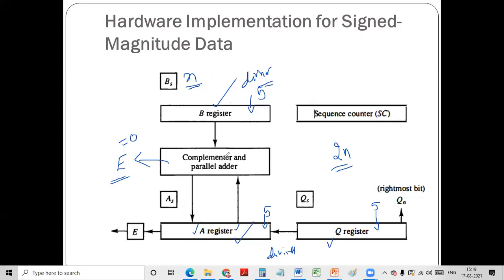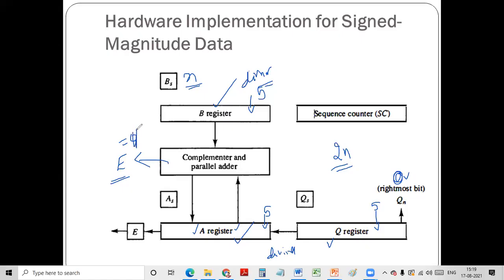Because it is lesser than B, I need to take one more extra bit of this dividend, the subsequent bit. So that makes the rightmost bit 0, the present quotient bit being 0. It will take the next 6 bits and again perform the subtraction.